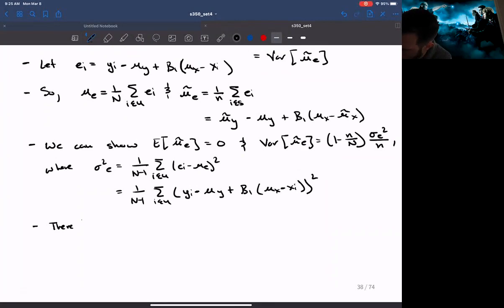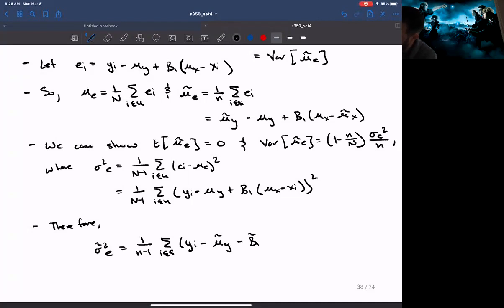And therefore we have that sigma squared tilde E is equal to 1 over n minus 1 times the sum from i equals 1 to n of yi minus mu tilde y minus beta 1 tilde xi.